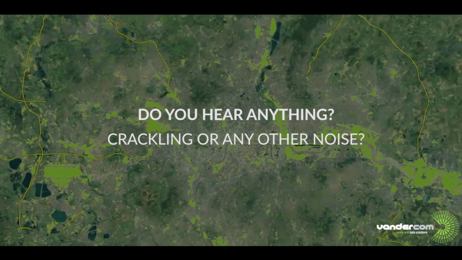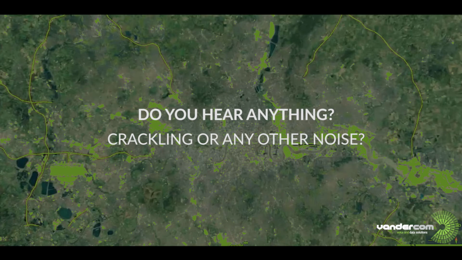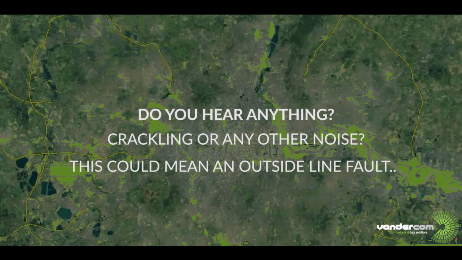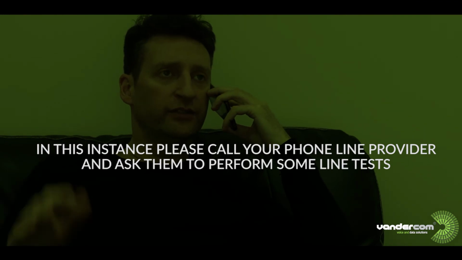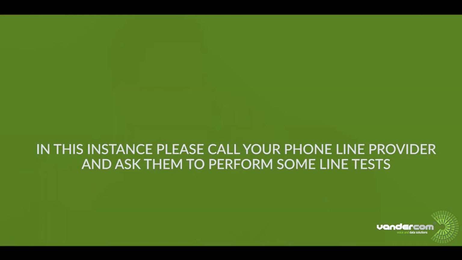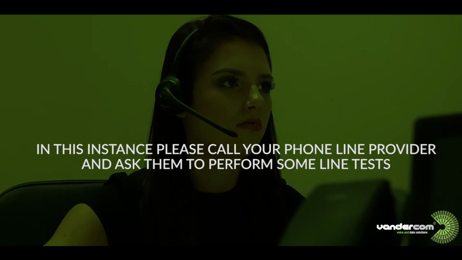Do you hear anything, crackling or other noise? If so, this could mean an outside line fault. It may be that your phone line and broadband services are with different providers, and in this instance, you would need to contact your phone line provider reporting what you hear and ask that they run some line tests.